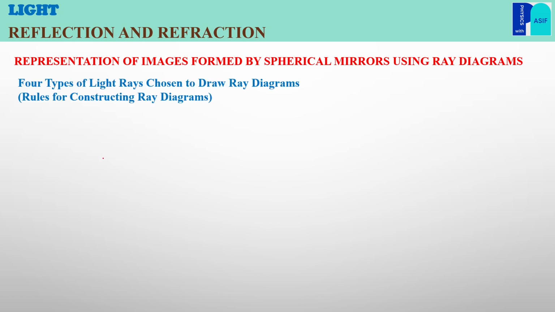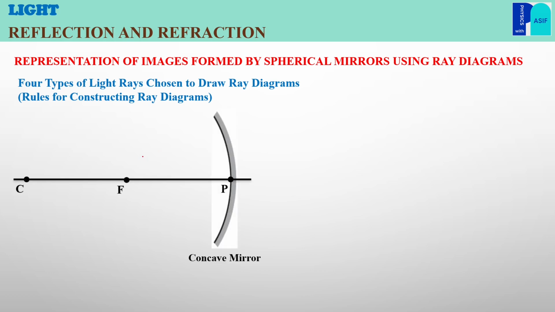Although an infinite number of rays can come from an object, only 4 standard rays are considered to construct ray diagrams. Among those, we use at least 2 rays to locate the point where they intersect or appear to intersect. That point gives the position of the image. These 4 types of rays are also called the rules for constructing a ray diagram. We see them one by one.